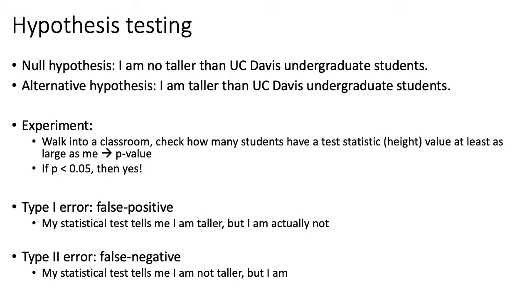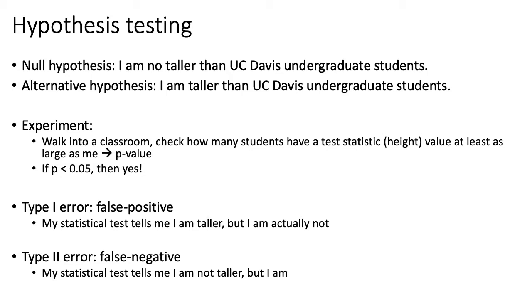And suppose I just calculate the fraction of students who are at least as tall as I am. And that fraction would essentially be my p-value. And so if this p-value is less than 0.05, then I could basically reject my null hypothesis and say, yes, I am potentially taller than UC Davis undergraduate students.